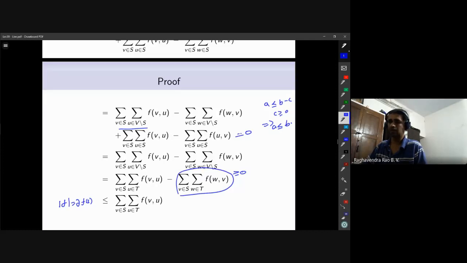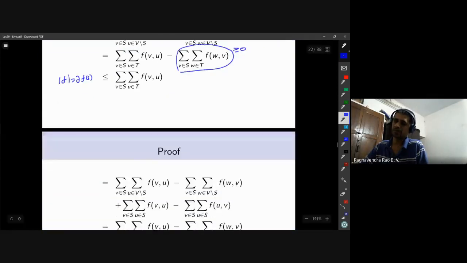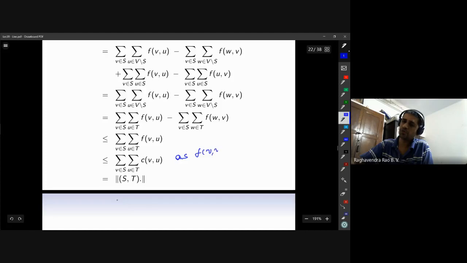Okay, so what is the big deal with the summation? So let's look at it further. What we do is we use the feasibility condition. Now I know that F of VU is at most C of VU. Okay, so I use that. So this is less than or equal to this summation as F of VU is less than or equal to C of VU.